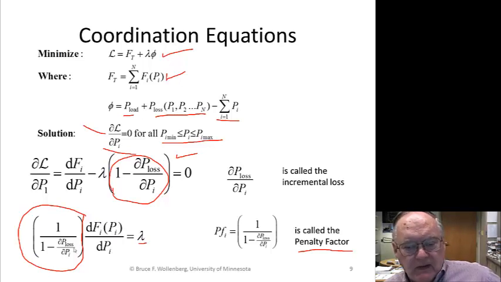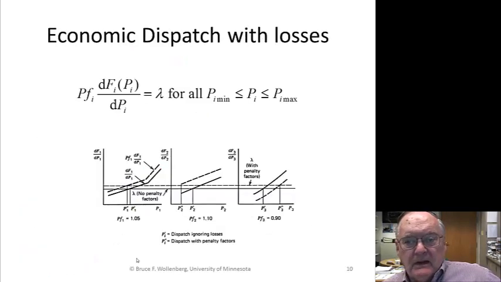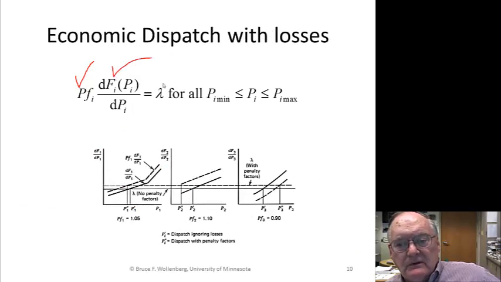And this thing actually gets to be large. It means that the losses are making this generator look more expensive. So it's as if you multiply by a larger fuel cost. If this thing is less than 0, it means that this has an advantage when it comes to supplying losses.